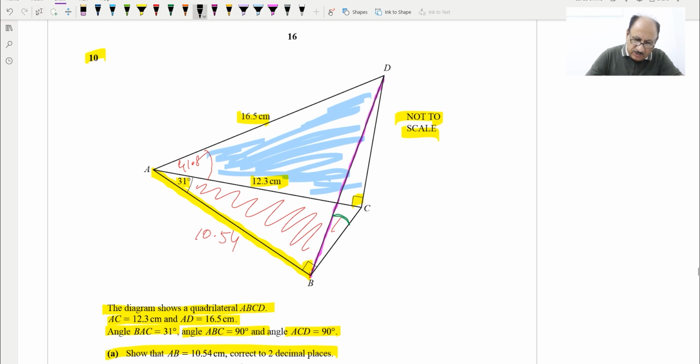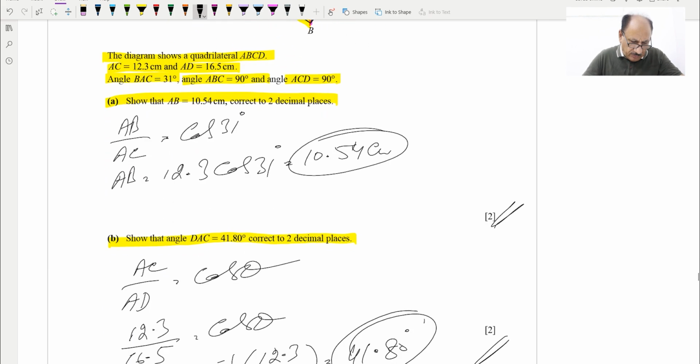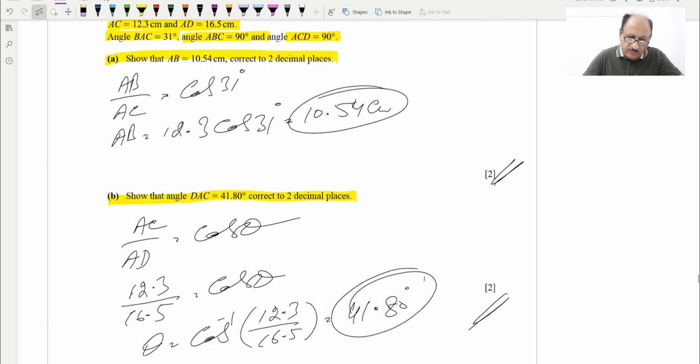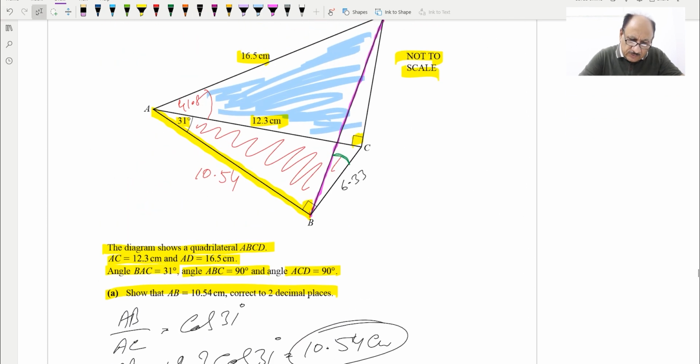I'm just writing 6.33 over here. Now we have to calculate DC, and BD we have already calculated. BD is 16.75. I will copy 16.75 here. So one side we have, and the second side also we have.